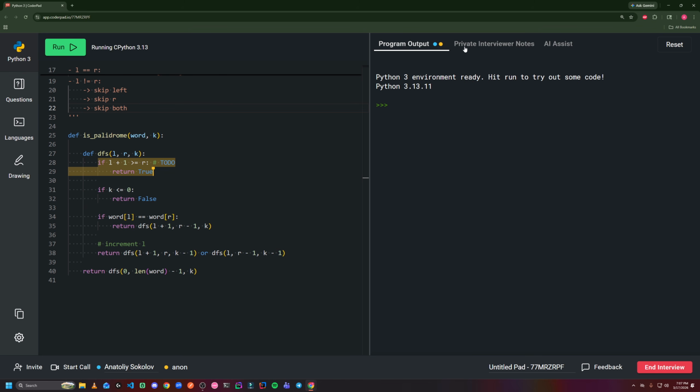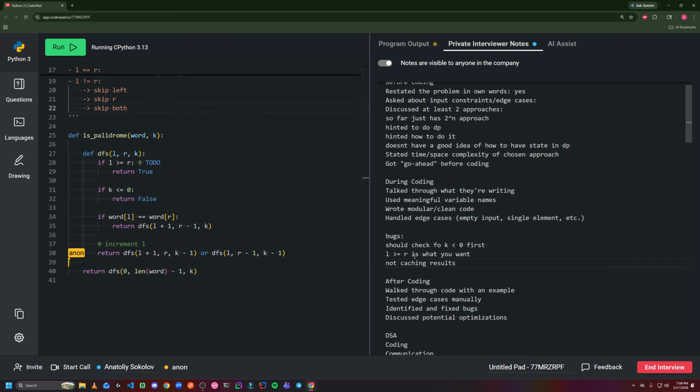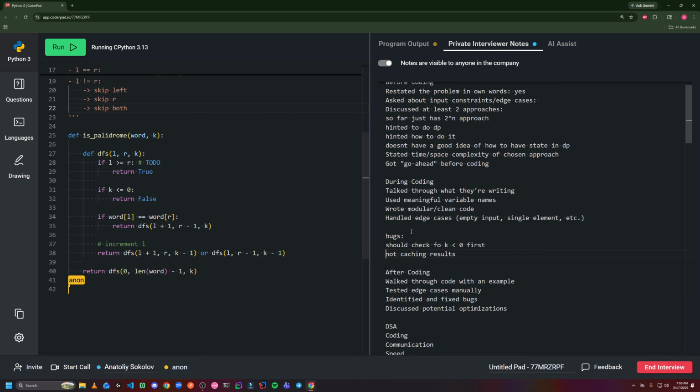So I think that is correct. I guess if they're next to each other, we still need to confirm that the two letters are the same. So I think in fact this is wrong. So I think I just want to say if that. Okay.